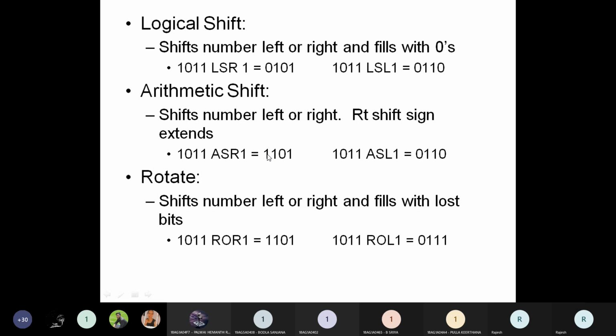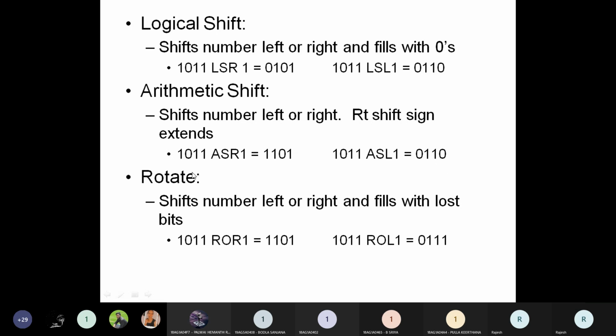Sign extension means it is placed as 1. Next, 1011 arithmetic shift left by 1 position. Once you do arithmetic shift left, 1 is eliminated, 011 is placed in the 3 places, and again in the LSB 0 is placed.